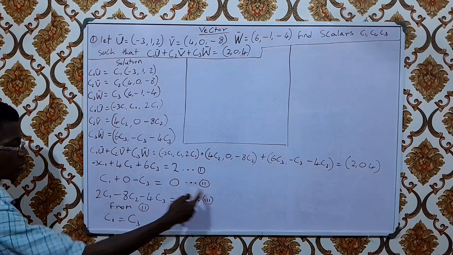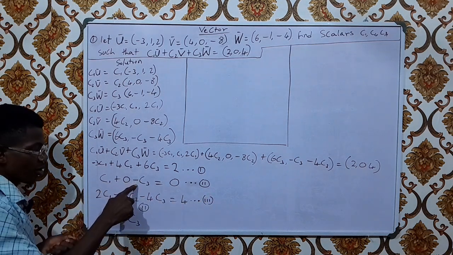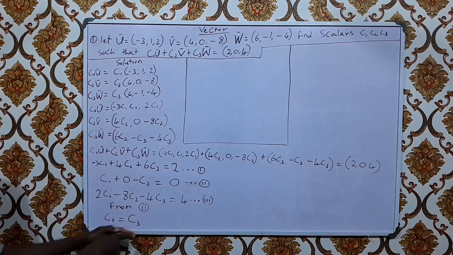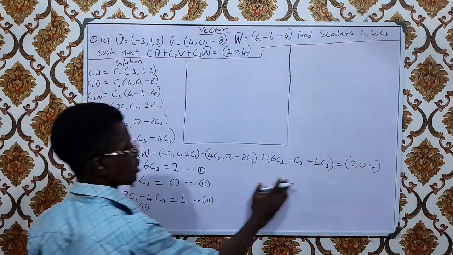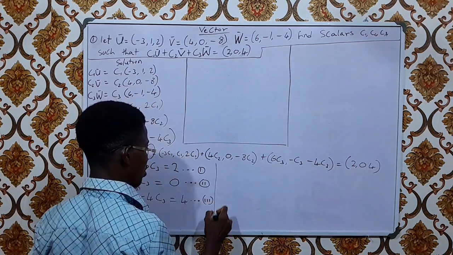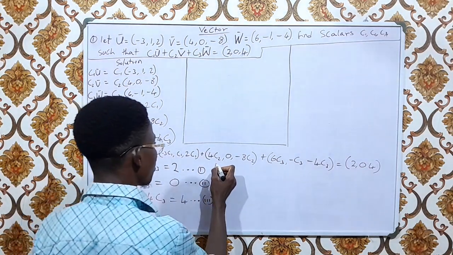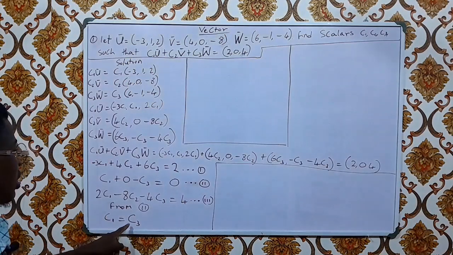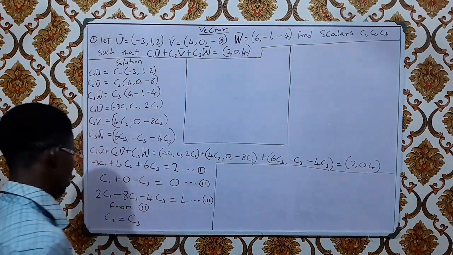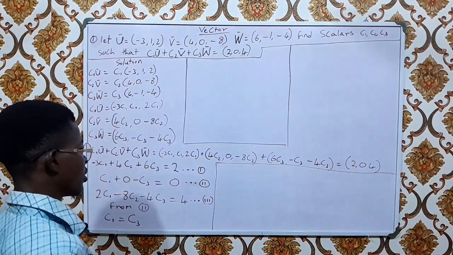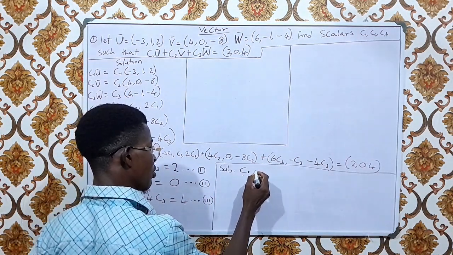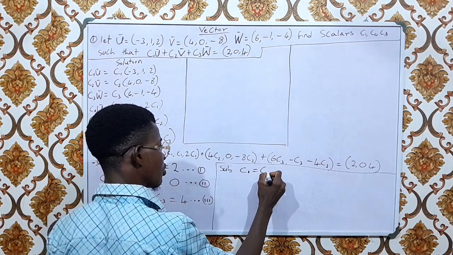From equation 2, if minus C3 crosses, it changes, so C1 is equals to C3. Let's continue with this down part. Now we can say substitute C1 equals to C3.